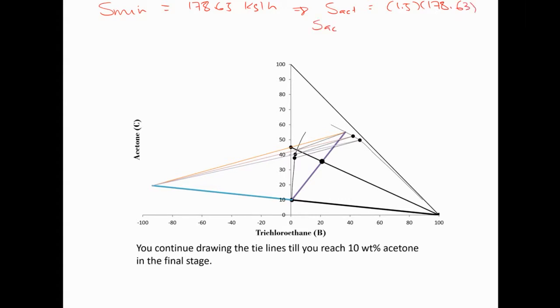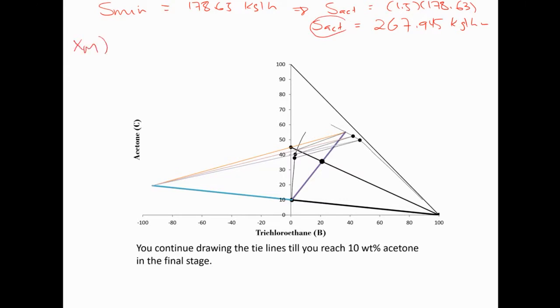And so now S actual is going to be what? I go to the calculator. So 1.5 multiplied by 178.65, it's going to be 267.945 kilogram per hour.